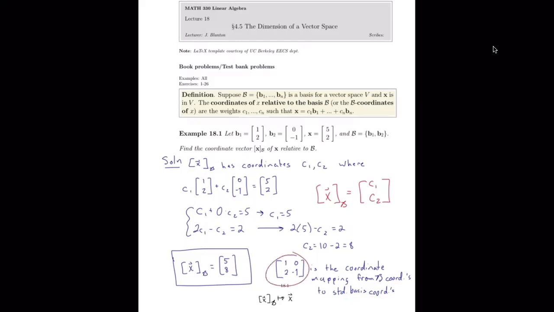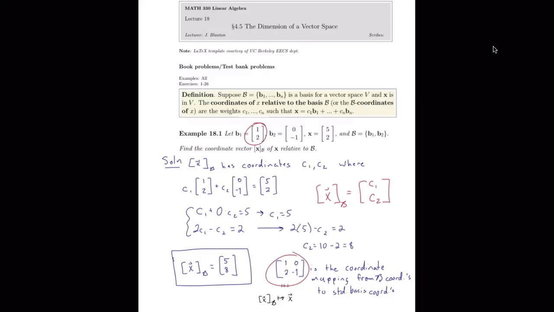If I apply this 2 by 2 matrix to either of my basis vectors, I should get my standard basis back. In this case, the 1, 0, 2, -1 matrix, we apply it to 1, 2, and you'll see that by matrix vector multiplication you get 1, 0.